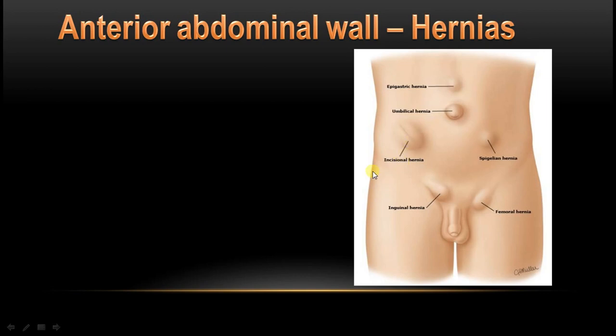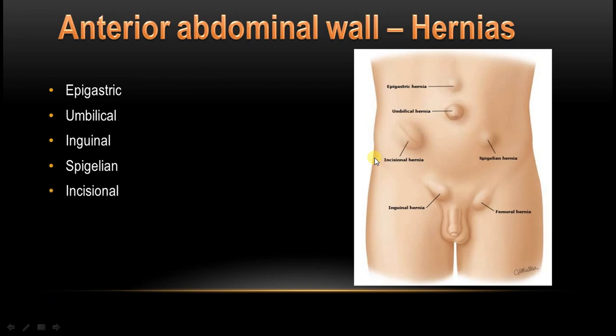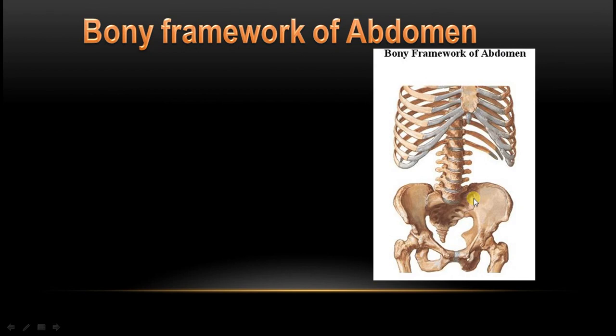Then you also have lumbar hernia, along the Petit's triangle. So these are some of the types of hernias: epigastric, umbilical, inguinal, Spigelian, incisional, and lumbar hernias. Mostly anterior abdominal wall hernias which I am speaking of. Femoral hernia is discussed in the lower limb.